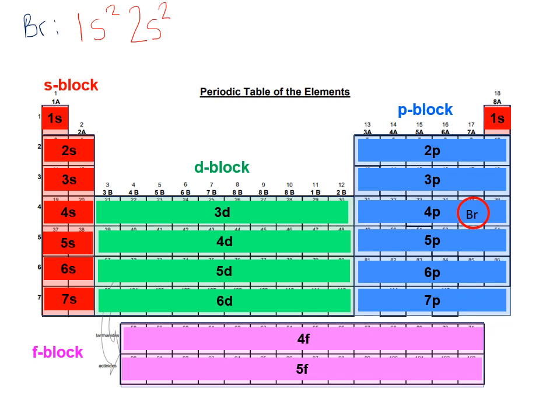So 2s2 takes us right here. Then we go across to 2p6, and then 3s2.